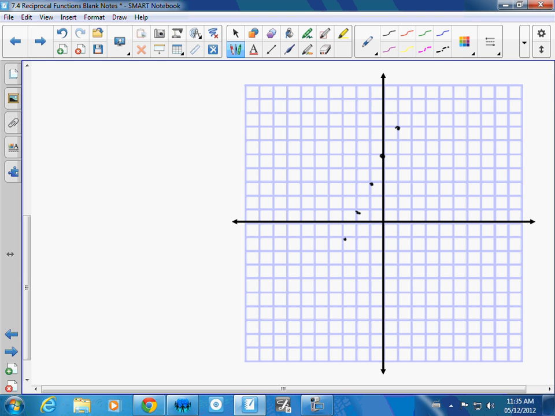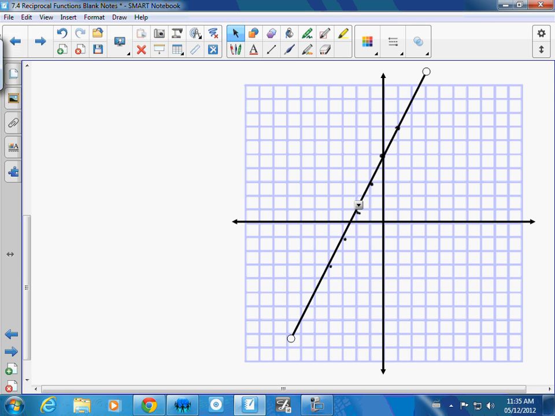Did you do that? You can get your points, because if you think about it, slope is the same throughout. It's like a set of stairs. Okay, I'm going to draw my solid line in on this one to show the original y equals 2x plus 5.